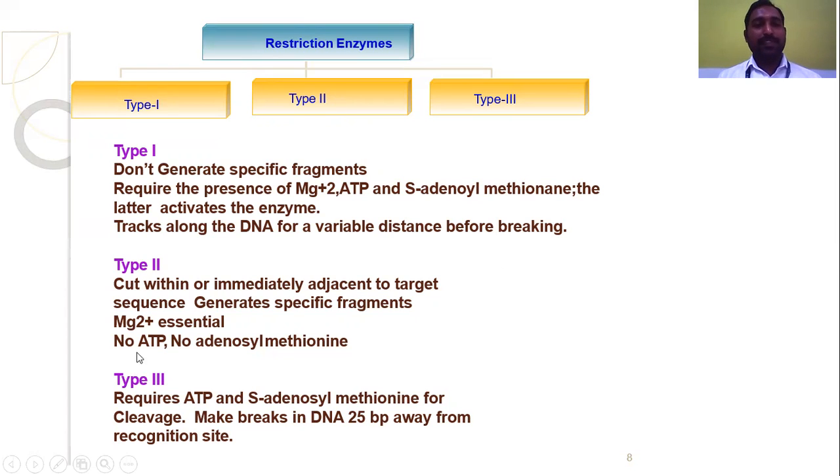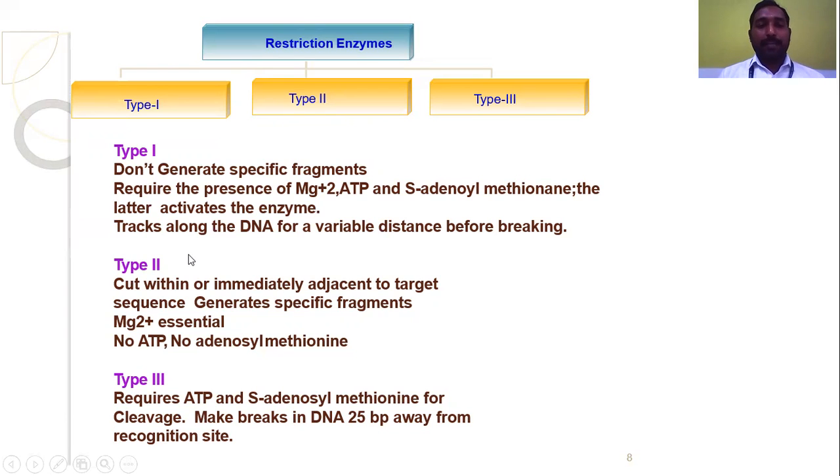And type 2. This is the very important restriction endonuclease, which makes the recognition and also makes the cleavage at the particular site. It won't generate the cleavage away from the recognition site; it will precisely identify the particular sequence and also make the restriction at the same site. That is very important for molecular biology and DNA technology experiments.